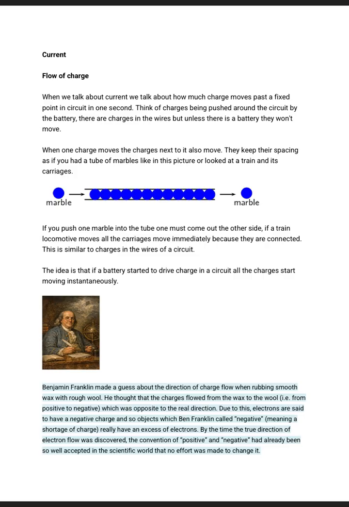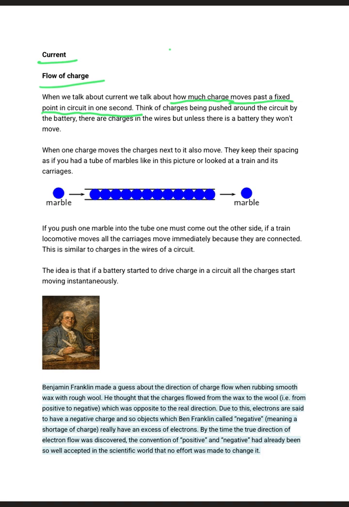And then we have current, the flow of charge. When we talk about current, we talk about how much charge moves past a fixed point in 1 second. Think of charges being pushed around the circuit by the battery.